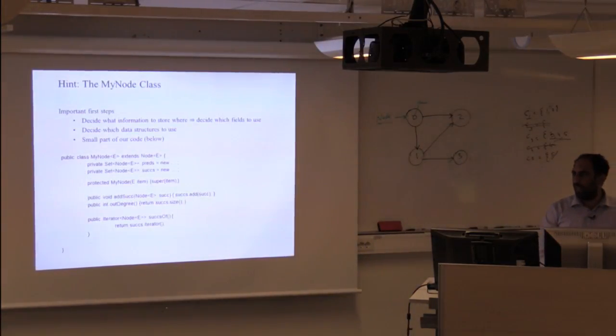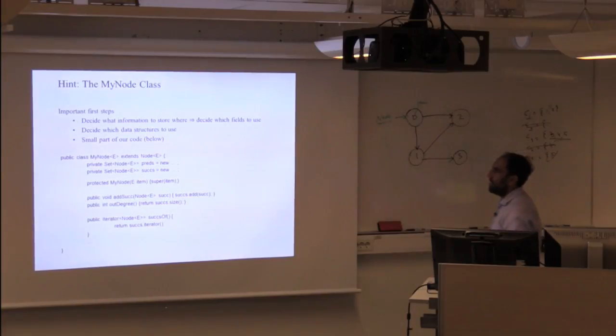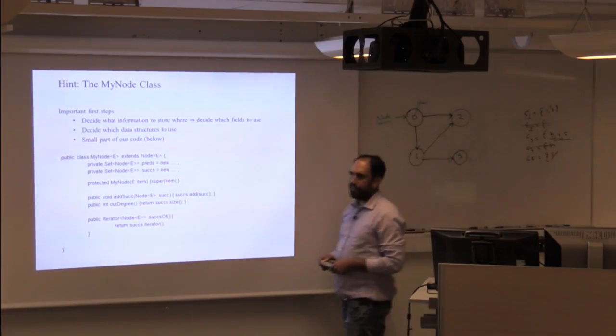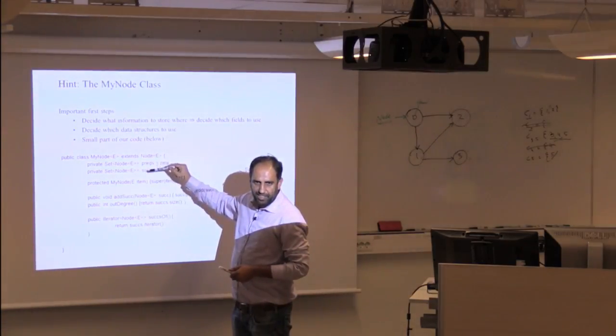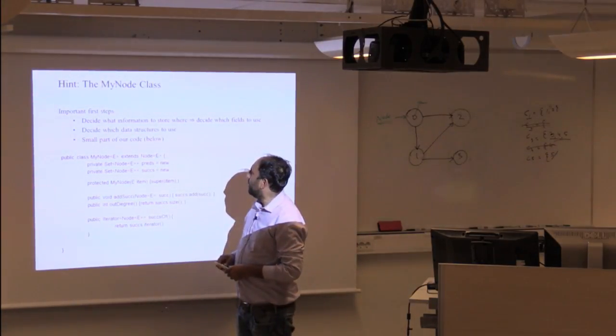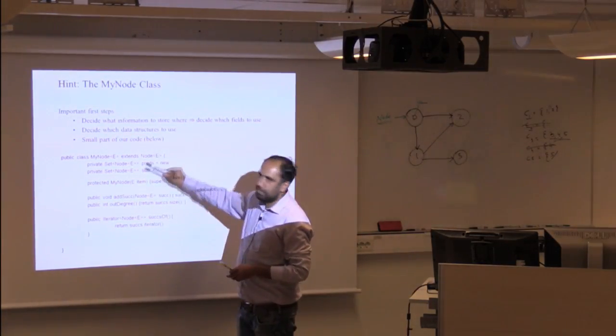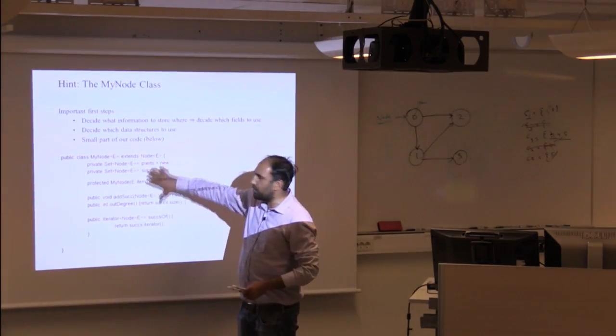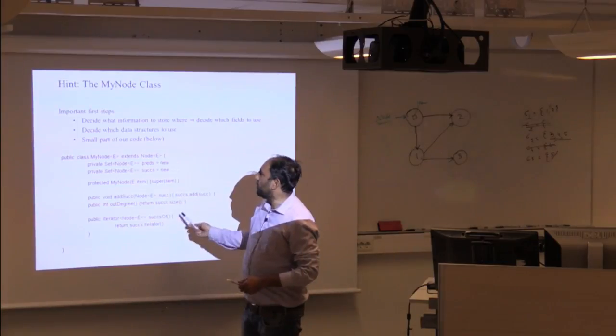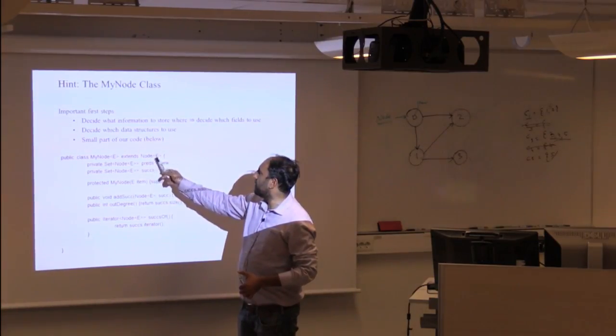But if you want to maintain the predecessors and the successors, maybe you need something for them. Okay, so this is my implementation, but of course you can have your own implementation. This is just to give you an idea of how you can implement this node.